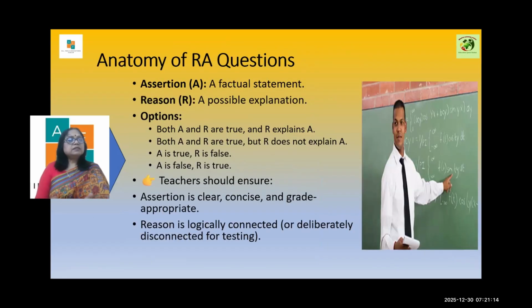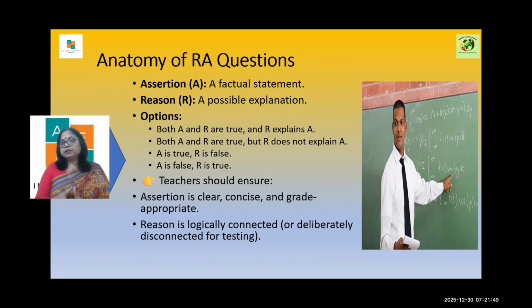So now let's understand the anatomy or the structure of reason assertion questions. Assertion is the factual statement, right? And the reason is possible explanation. Options, as we have just understood, but the care which the teacher needs to take, or the teacher should ensure, is that assertion is clear, concise, and grade appropriate.